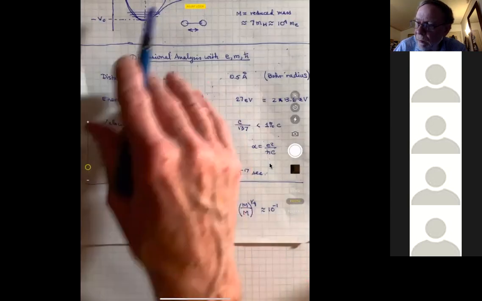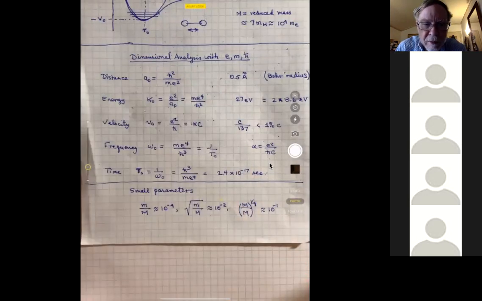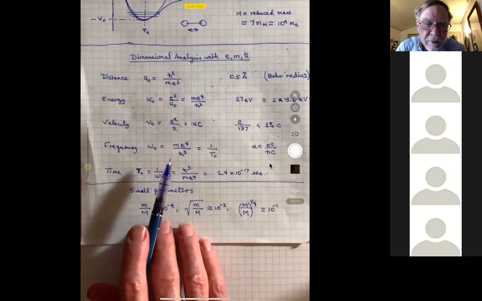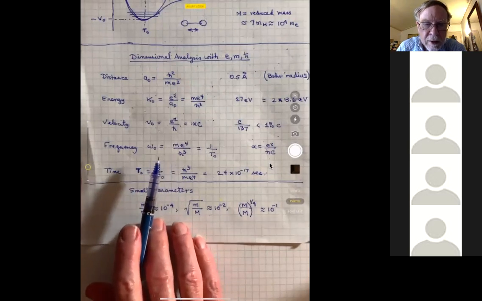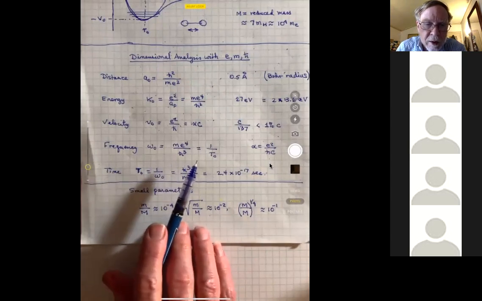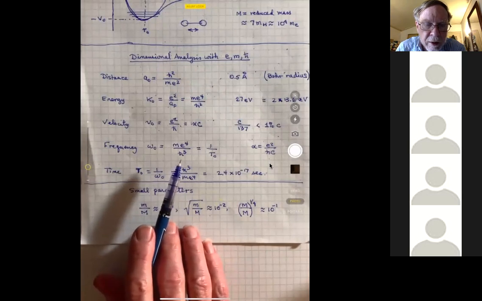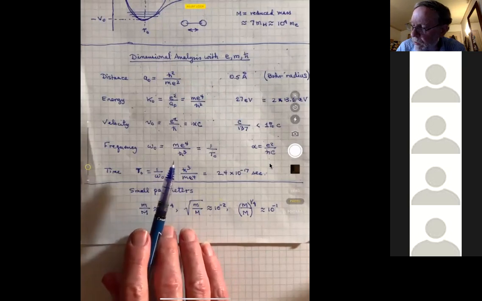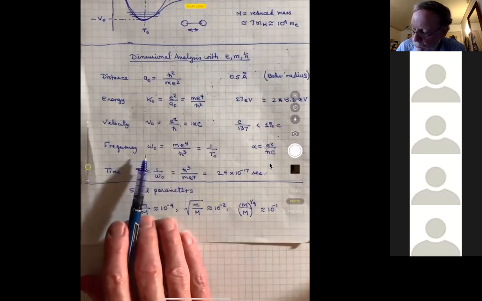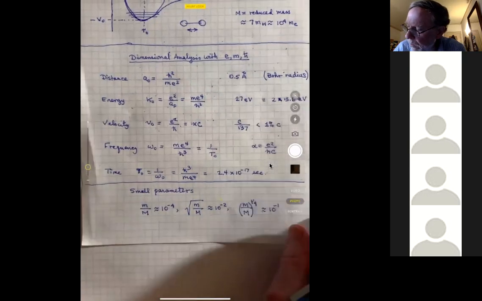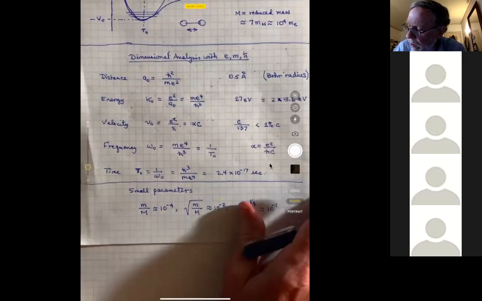This is also true in the molecule: if you change the electronic state and emit a photon, it's going to be of a frequency of the order of magnitude of omega naught. Numerically, that works out to be in the ultraviolet range of frequencies. So these are ultraviolet photons, rather high energies by optical standards, and that's what this omega naught is.